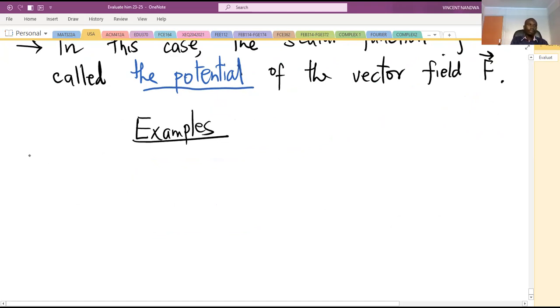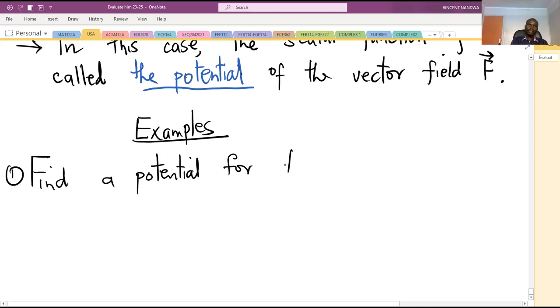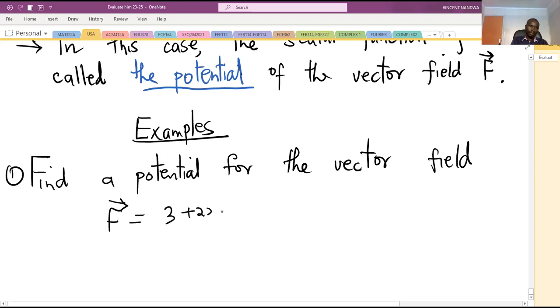Example one: find a potential for the vector field F given by 3 plus 2xy i plus x squared minus 3y squared j.